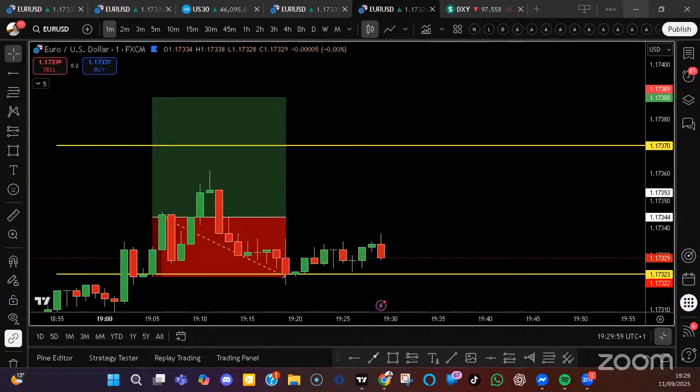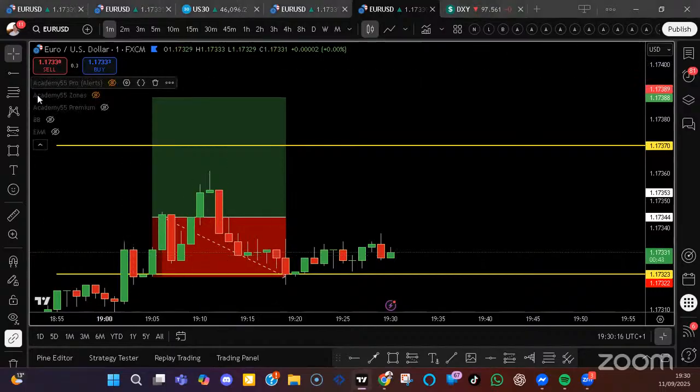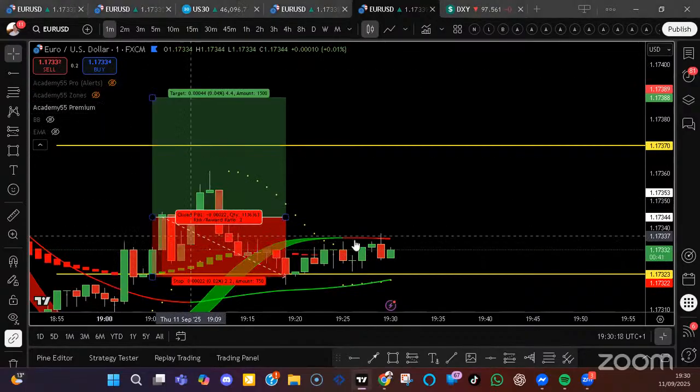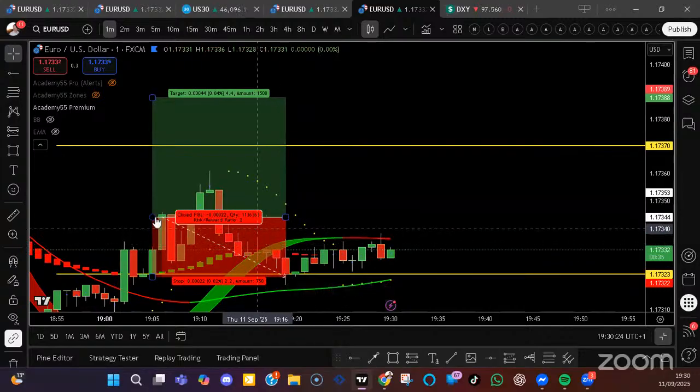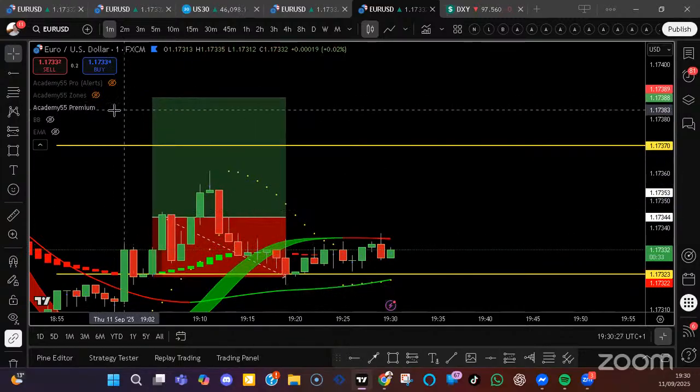David, we took the EUR USD buy trade. I noticed that in 5 minutes, all lines in red. Does it matter, or do we ignore that? Yeah, we always teach the Academy 55 indicators are only to be used on the 1 minute time frame, not the 5 minutes.